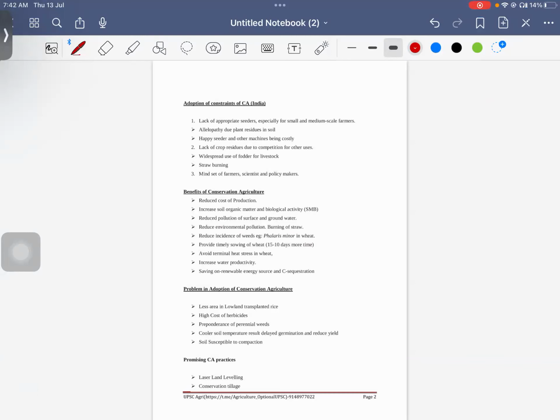So next is the adaptation constraints. Okay, what are the issues? The first is this: after rice, we go for wheat. What we usually do after rice is go for deep tillage.